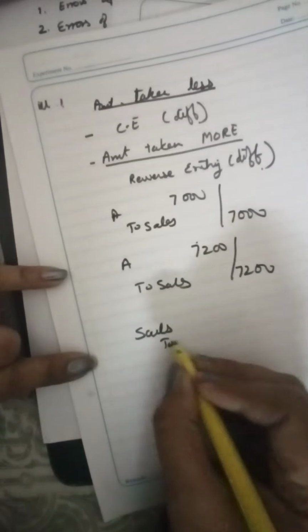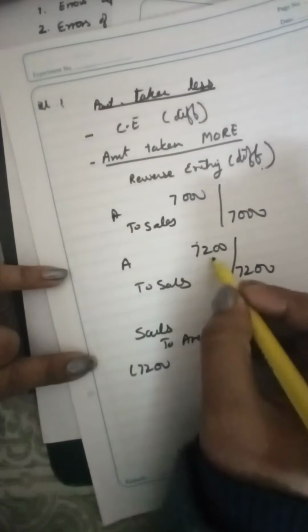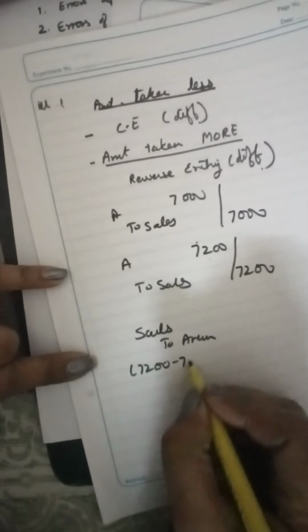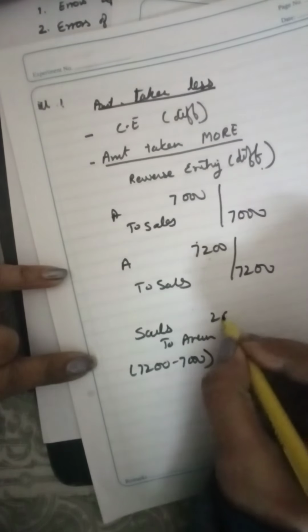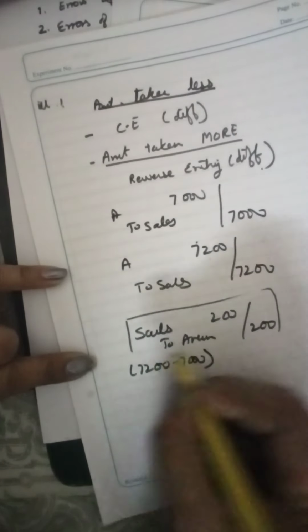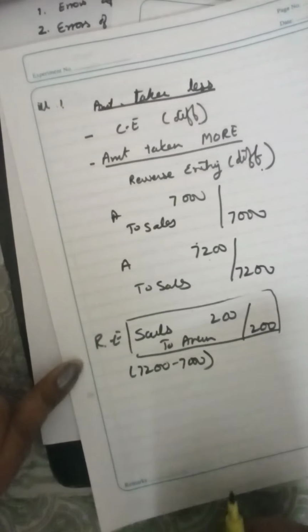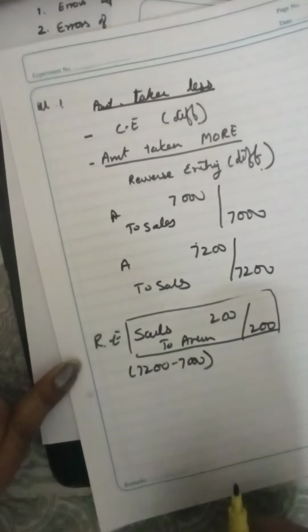Sales to Arun with the difference, 7,200 minus 7,000. That means 200. And the error is removed. This is the rectifying entry. The error is removed. Clear?